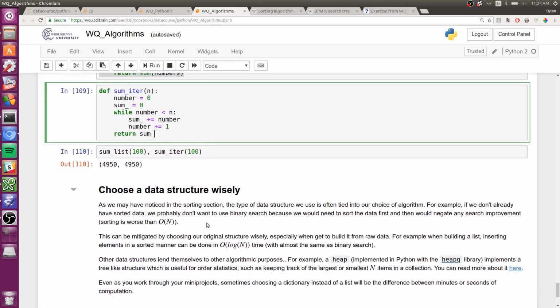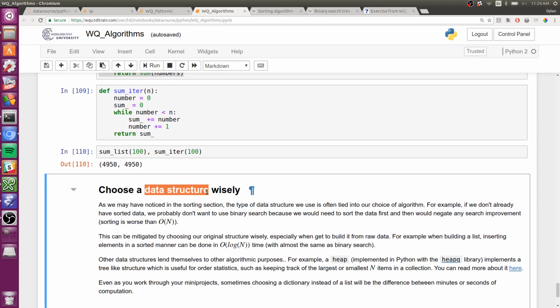Not only should we think closely about algorithms, but also data structures. Many data structures are closely tied to particular algorithms.